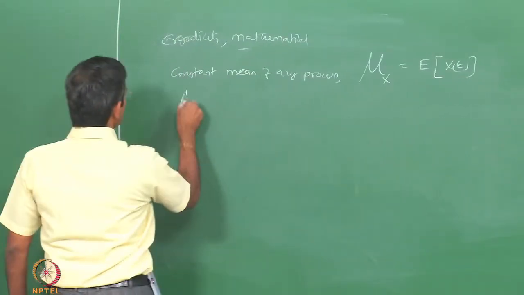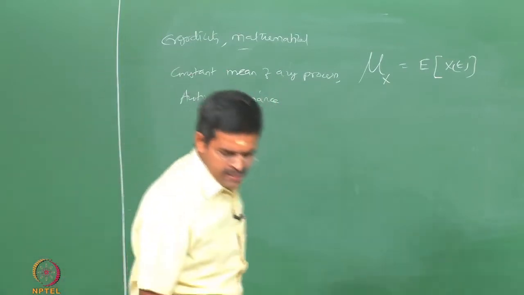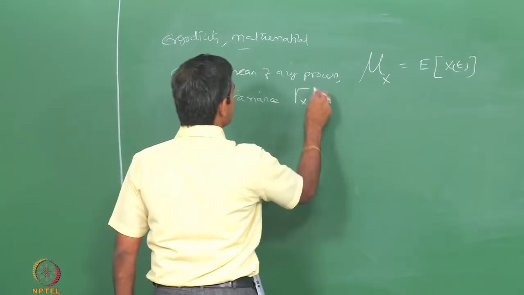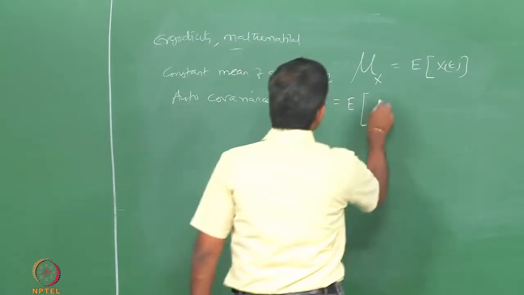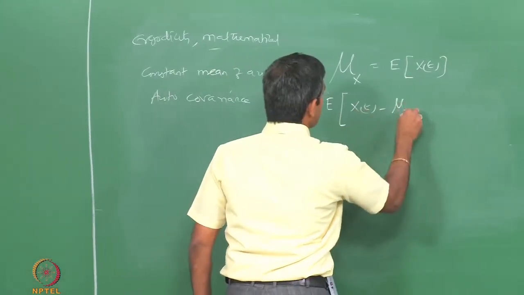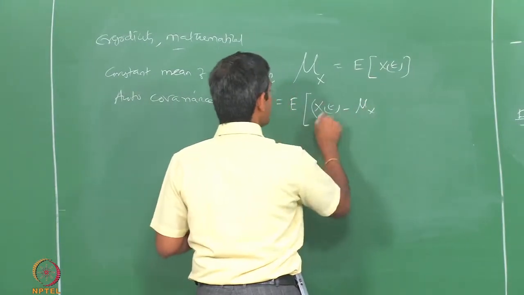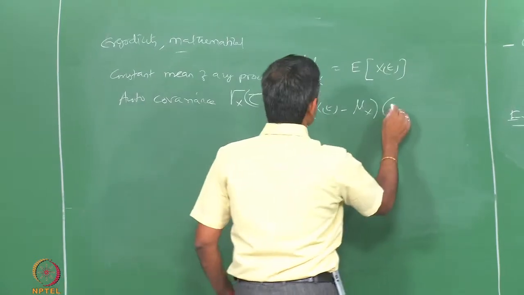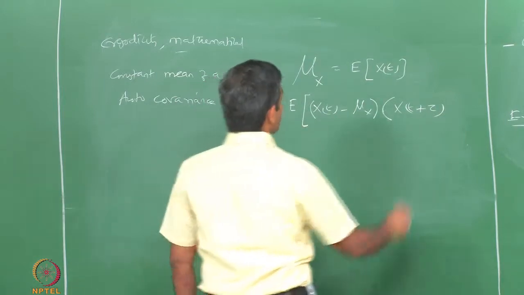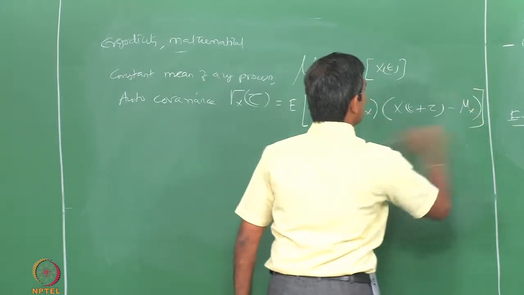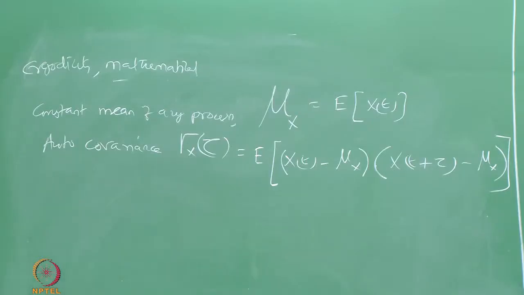Auto covariance, which is expressed as gamma of x of tau, is the expected value of x of t minus mu x multiplied by x of t plus tau minus mu x. These are two classical equations for finding the mean and autocovariance in statistics.